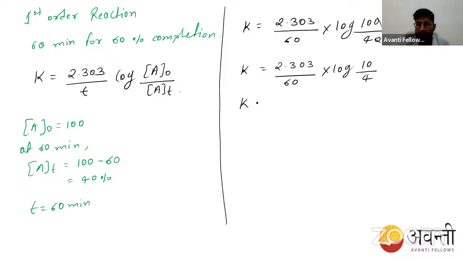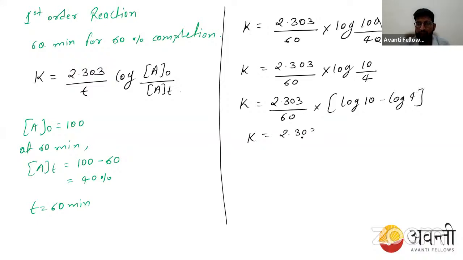So K is equal to 2.303 upon 60 into log 10 minus log 4. I know log 10 is 1, minus 0.6, which is the value of log 4.